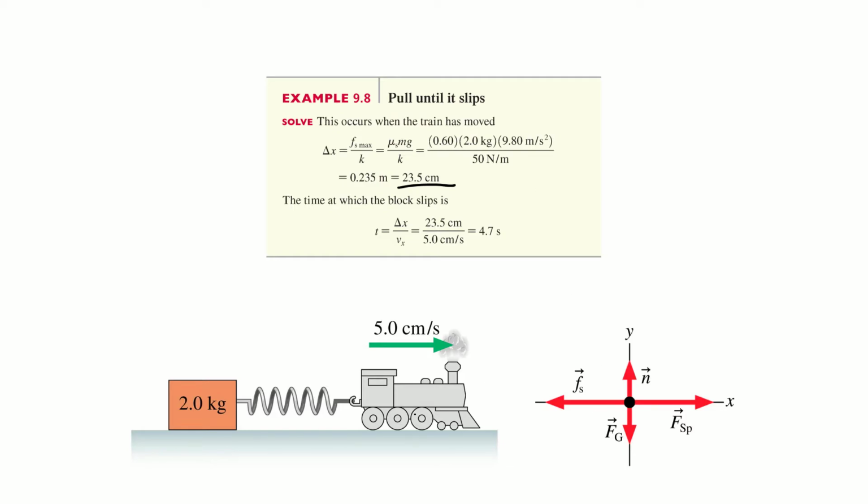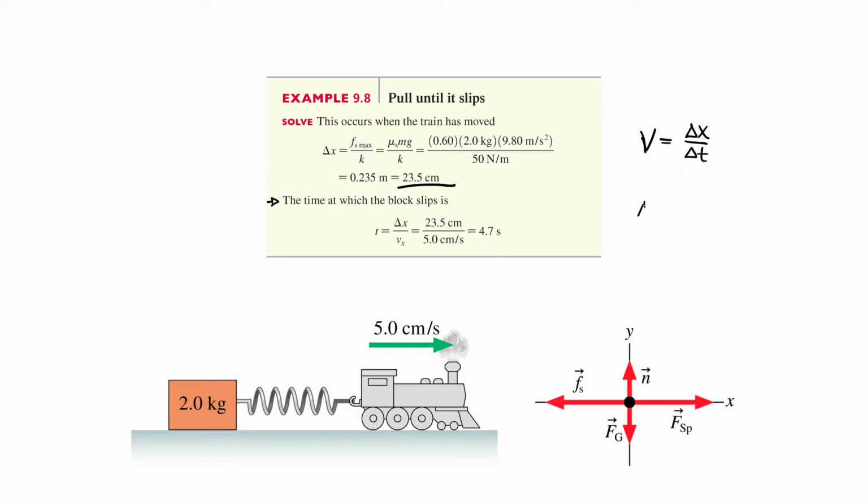The next question, though, is how long does it take for that block to slide? And to do that, we just look at the speed that train is going. The velocity was 5 centimeters a second, and we know that that is the change in position over the change in time.